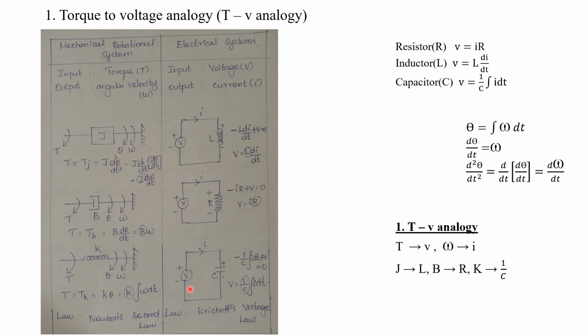Okay, so from this we say that in the mechanical rotational system, the input torque will be equal to K into integration of the angular velocity.